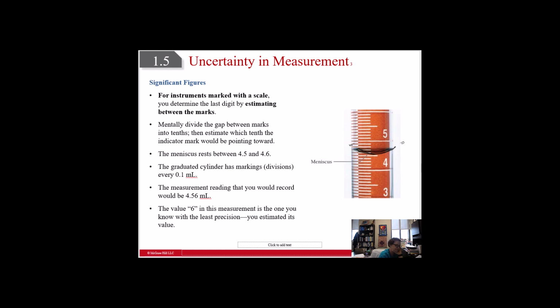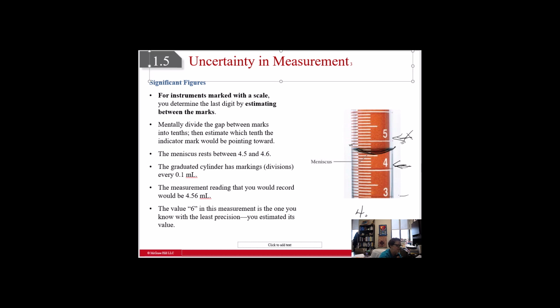And so you look at your scale. It's going from 3 to 4 to 5. We're trying to figure out what this level is. We know it made it up to the 4, but it did not make it up to the 5. So our first number is going to be a 4.